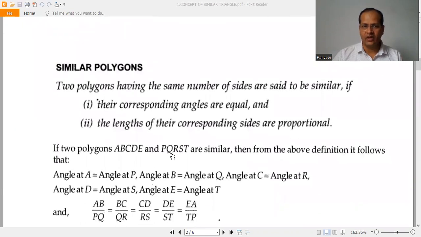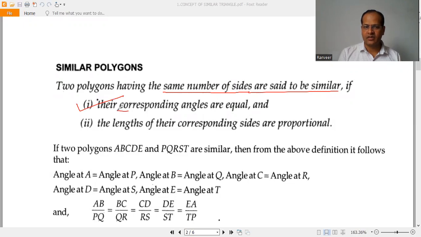Now similar polygon. What is the meaning of similar polygon? Two polygons having same number of sides are said to be similar if their corresponding angles are equal.